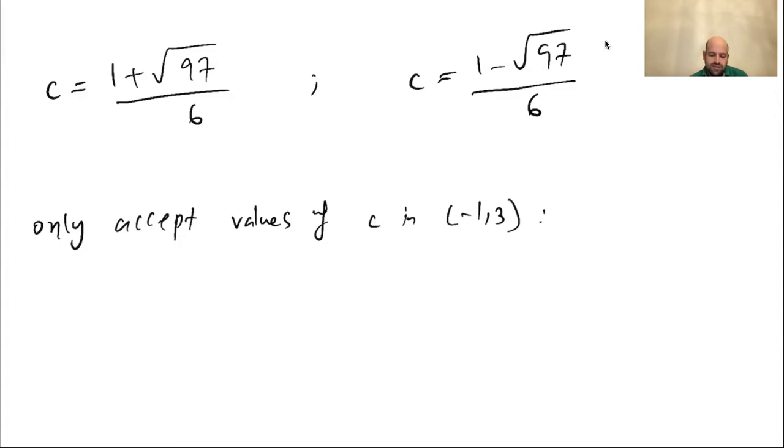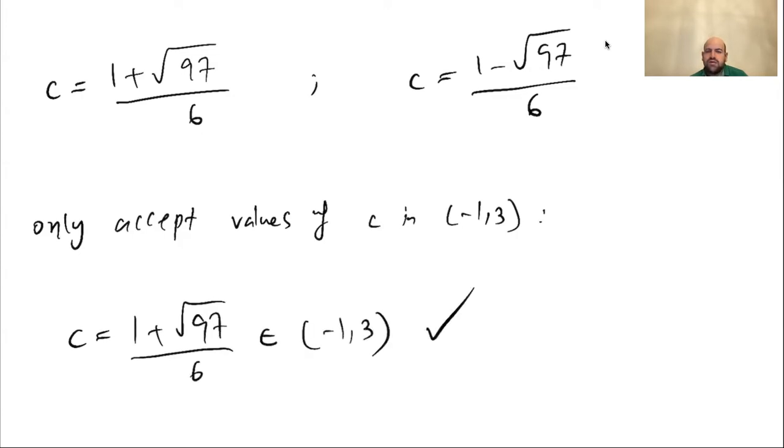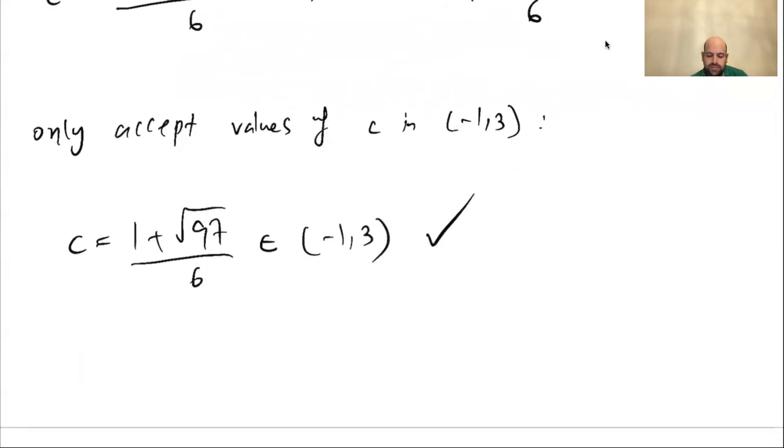So it is in this interval. So c equals 1 plus root 97 over 6 is inside the interval -1 to 3. That's okay. What about 1 minus this? 1 minus 9 point something means -8 point something divided by 6, which will be less than -1.